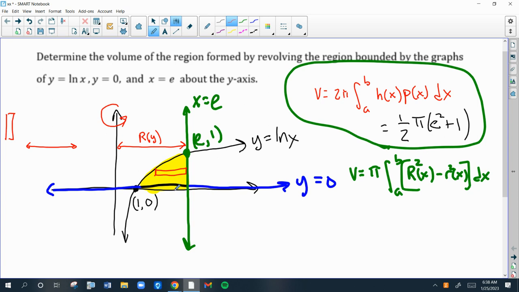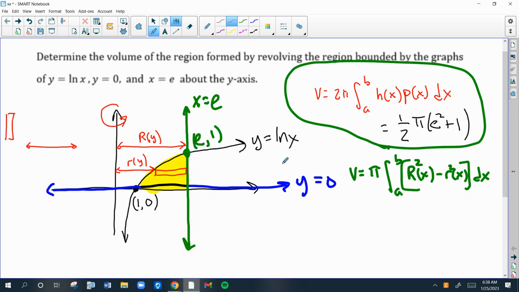Everything has to be in terms of y. The smaller radius would be formed by the bottom of the rectangle. So all we have to do is measure and we're done. That's really all this comes down to, measuring these arrows, but everything's with respect to y.